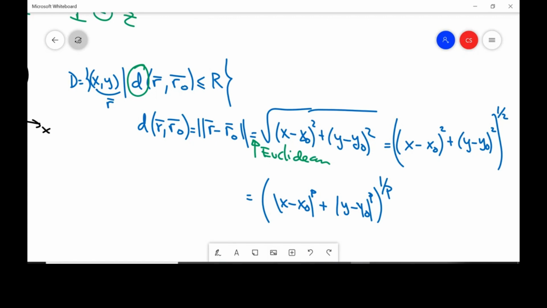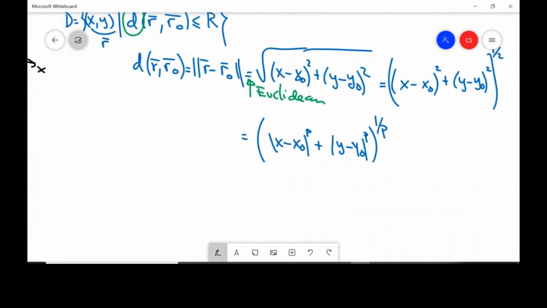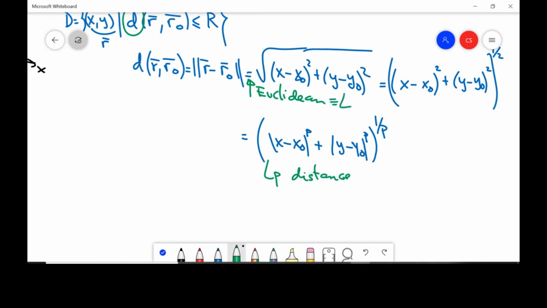And this one is called the Lp distance. The Euclidean distance is a particular case, the L2 distance. But there are more distances. For instance, I can have the L1 distance, which is this one. Sorry.